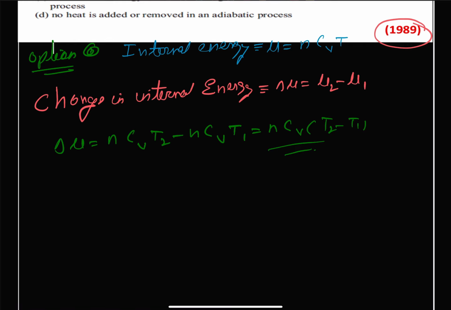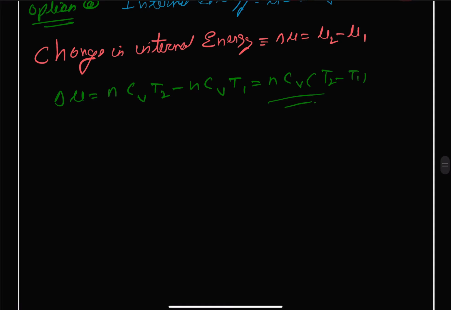Okay. And from this particular expression, we can clearly see that delta U is only dependent upon n Cv (T2 minus T1).